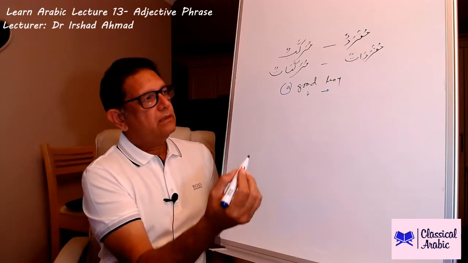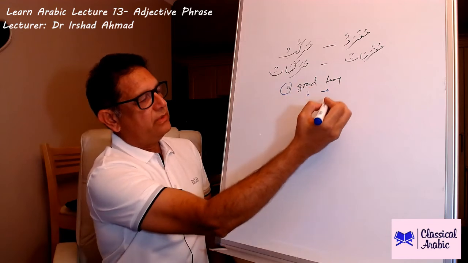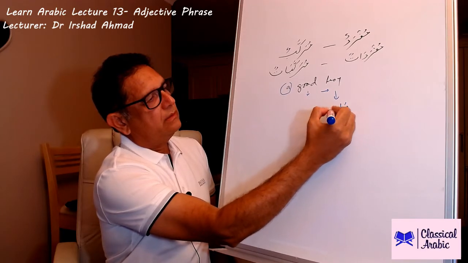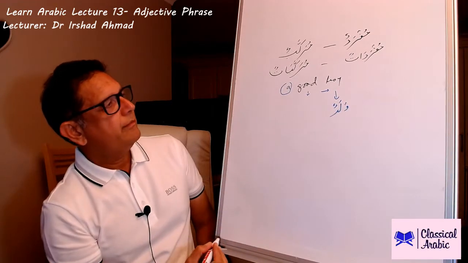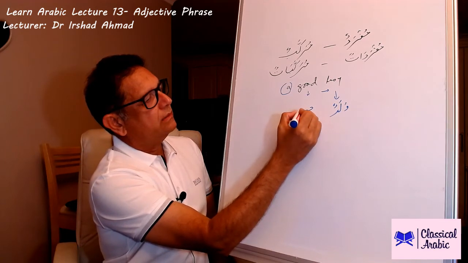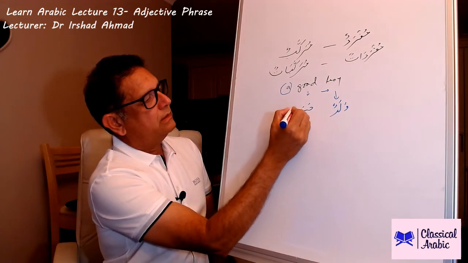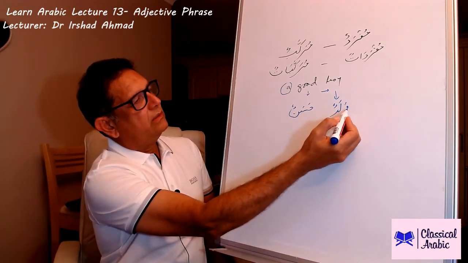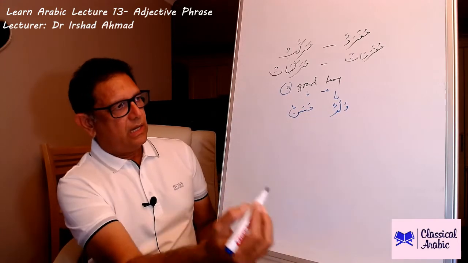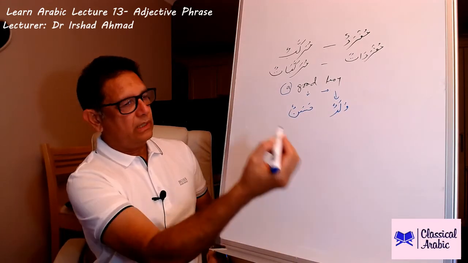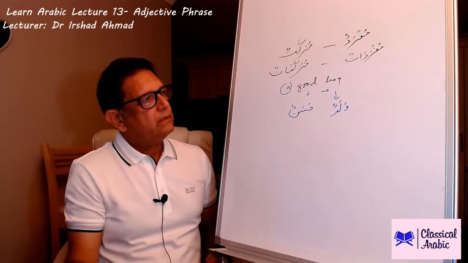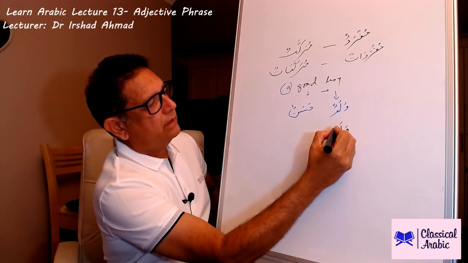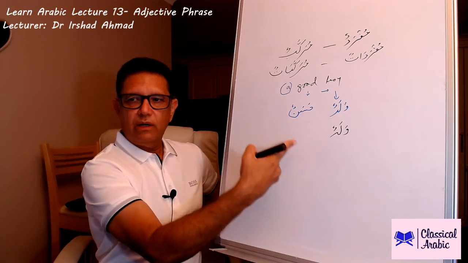That's the second point. The third point is how we translate this, for which we need vocabulary. Boy, we know, is waladun, and good is hasanun. So in English we say good boy, and in Arabic we go the other way around, translating good boy as waladun, and what kind of walad?